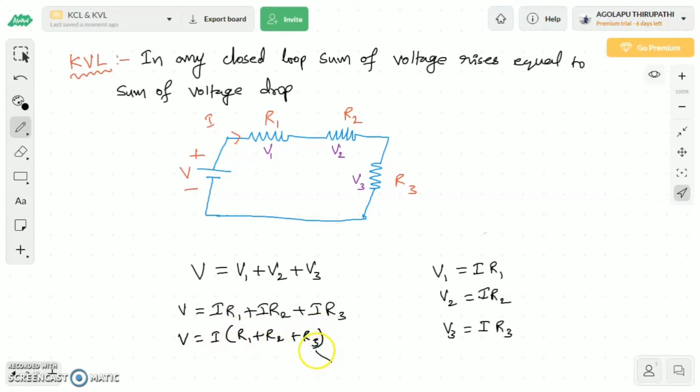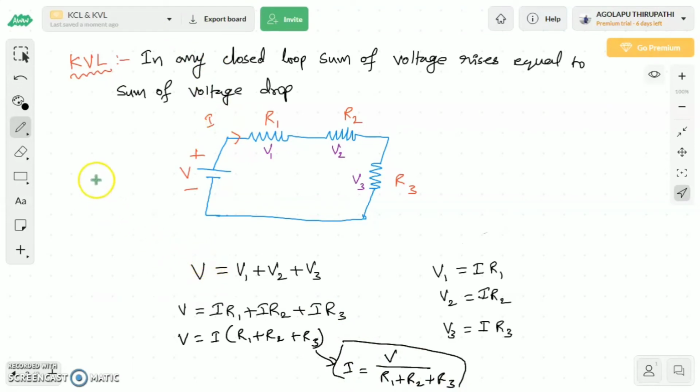So from this I can write I is equal to V by R1 plus R2 plus R3. So this is the final equation. So by using this we can calculate the total current I. Okay.